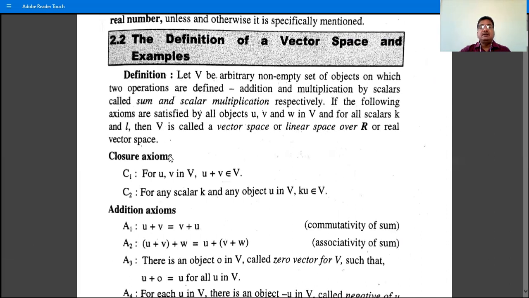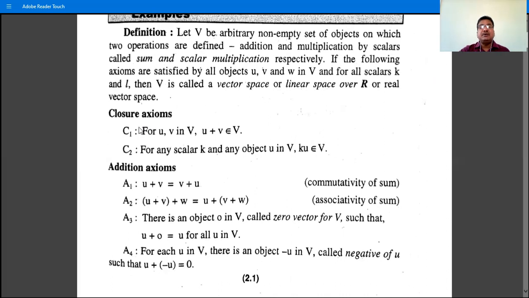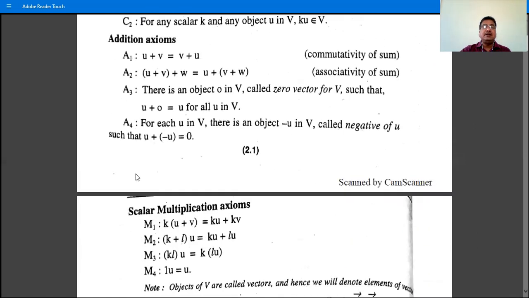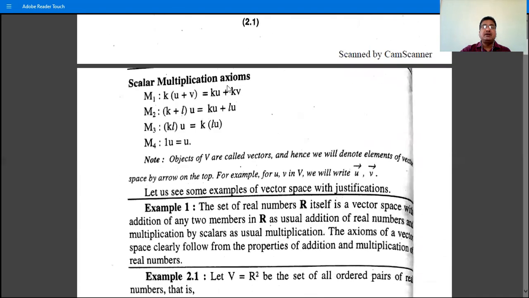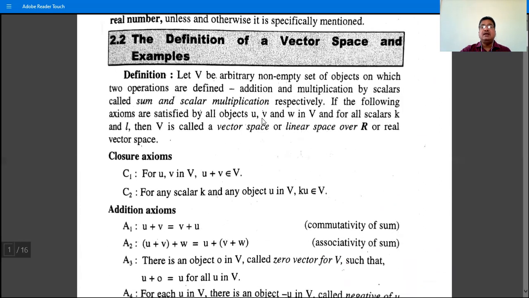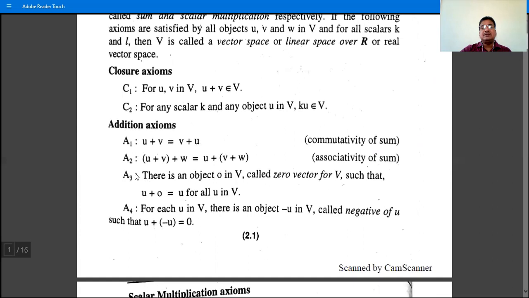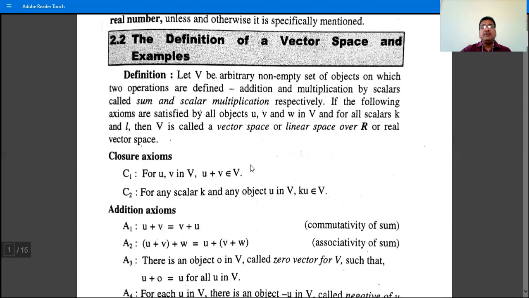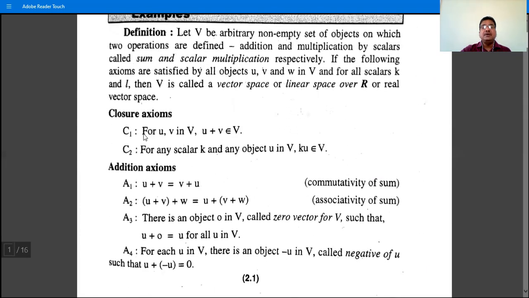So what are those 10 axioms? The first two are called closure axioms, the next four are called addition axioms, and the next four are called scalar multiplication axioms. If the elements of V satisfy these 10 properties, then V is called a vector space.